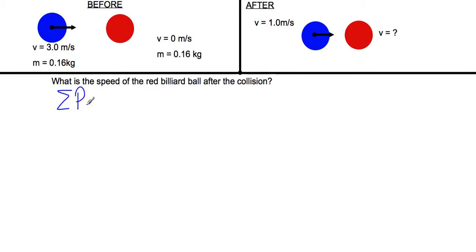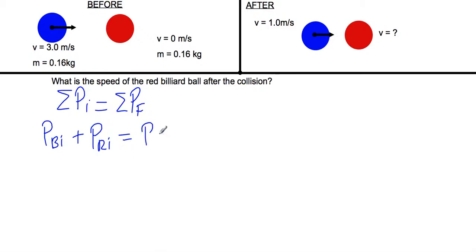Again, the sum of the initial momentum equals the sum of the final momentum, which in this case would be the momentum of the blue ball initial plus the momentum of the red ball initial is going to equal the momentum of the blue ball final plus the momentum of the red ball final.